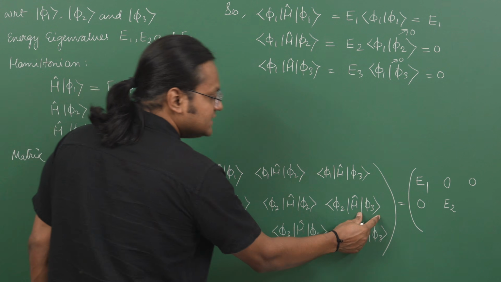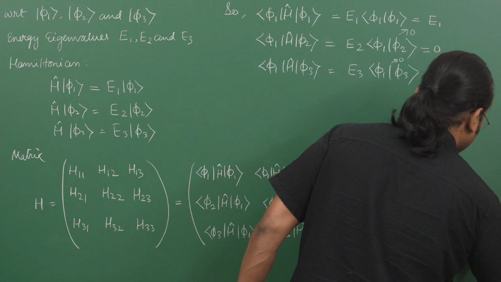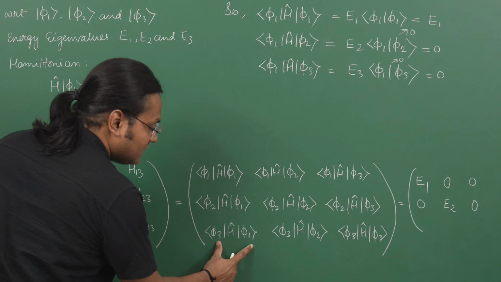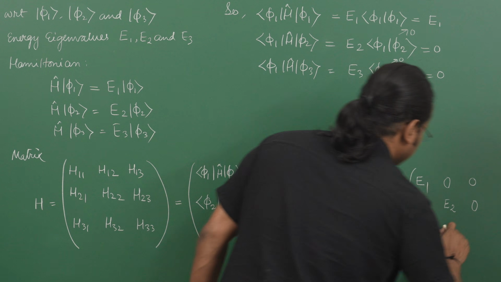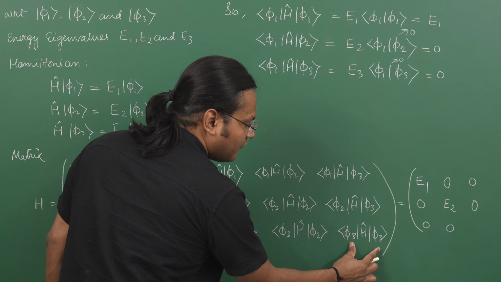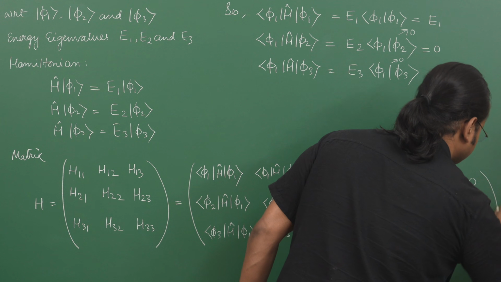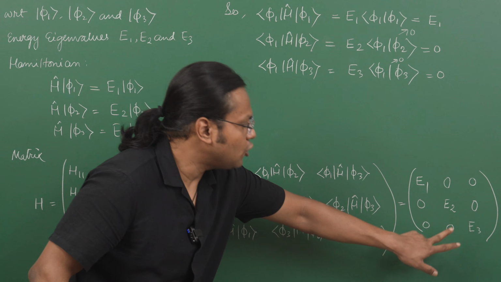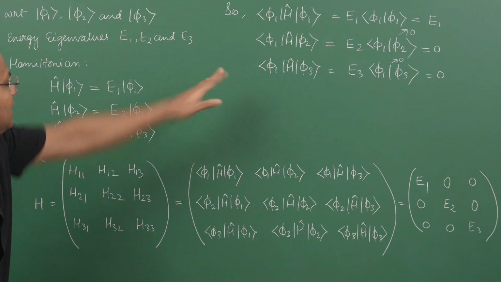Hamiltonian acting on phi3 is E3, and the inner product of phi2 and phi3 is 0, so we get 0 here. Hamiltonian acting on phi1 is E1, inner product of phi3 and phi1 is 0, so we get 0. Same goes for this term. And for the last term, we get Hamiltonian acting on phi3, E3, and the inner product of phi3 and phi3 is 1, so E3. Okay. So this is the matrix representation of the Hamiltonian operator for this quantum mechanical system.